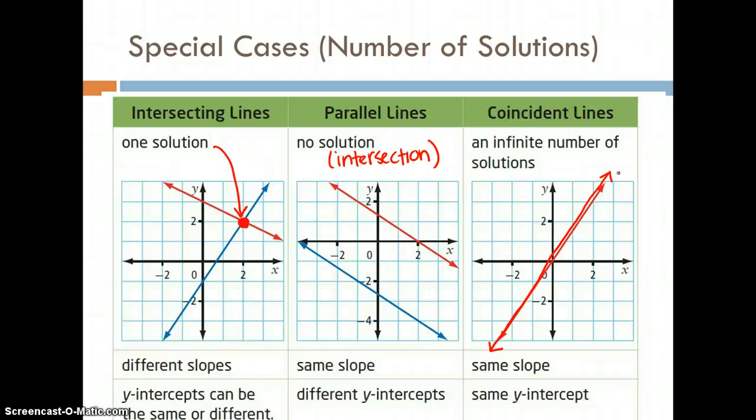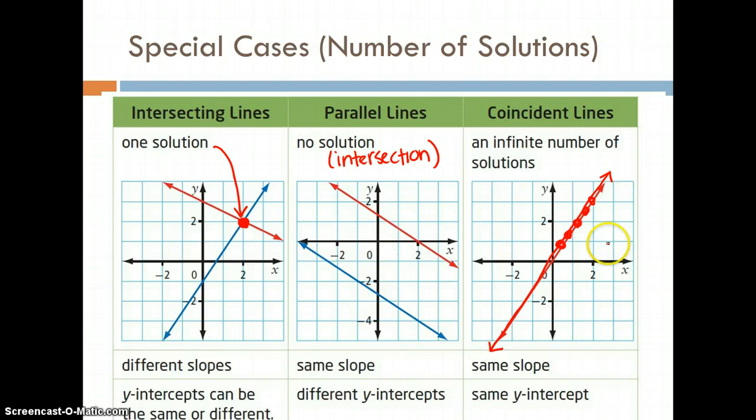With coincident lines, lines that are the same line, there's an infinite number of solutions, because you think, where are these two lines intersecting? Well, here and here and here and here and here. An infinite number of places. That doesn't mean that any possible numbers will work, but there's an infinite number of answers. So there's a difference between being any possible numbers and being just an infinite number of solutions.